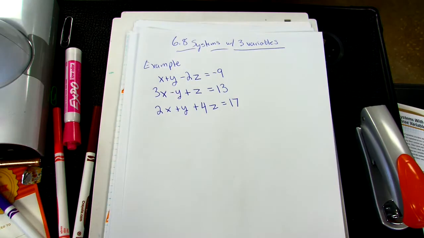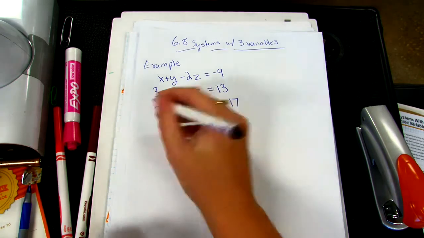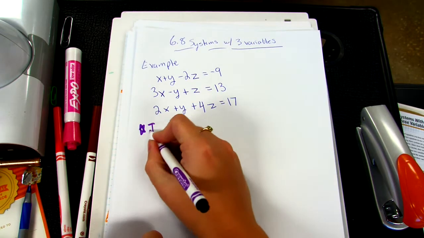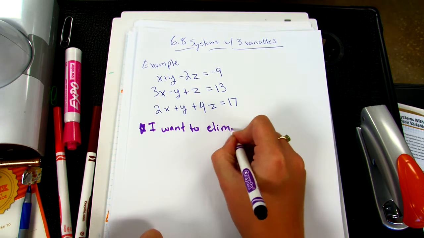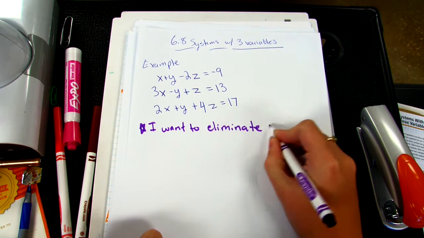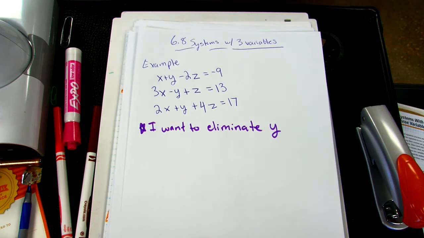So my choice, I get to pick what variable. I'm choosing to eliminate the y variable, okay? So what we do now is we will eliminate the y.